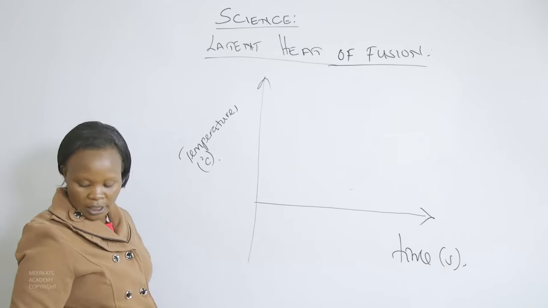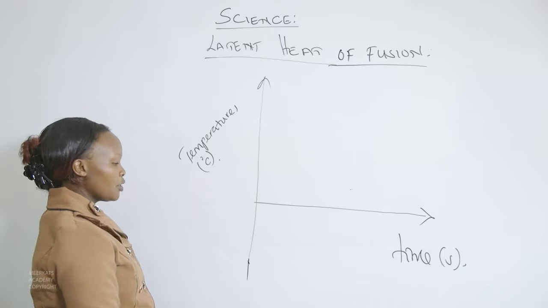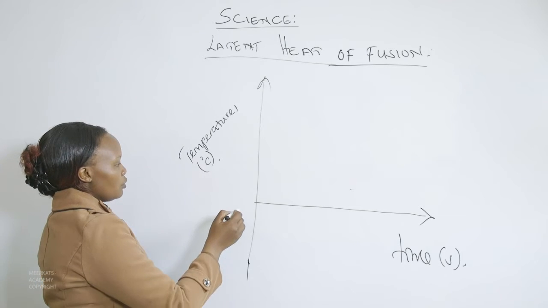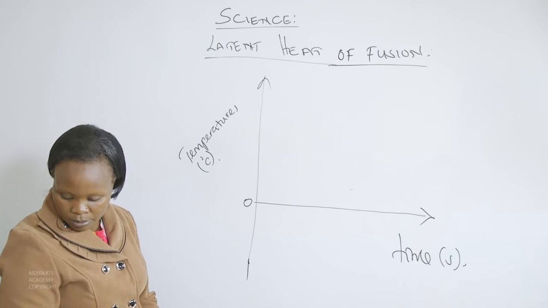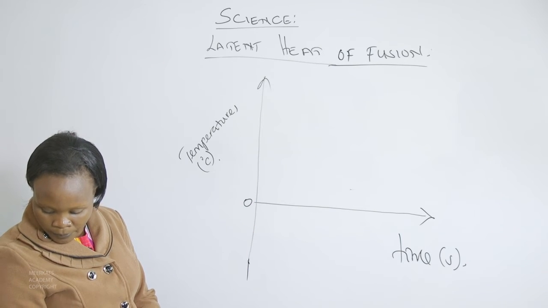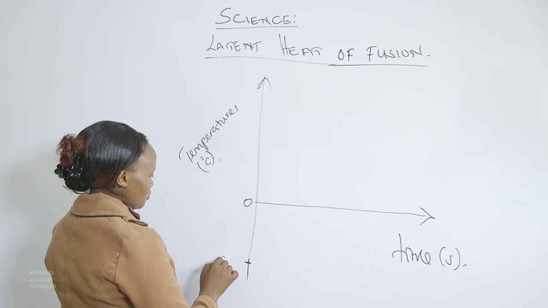or rather we want to heat a solid, for example ice, from some negative temperature through the melting point to some temperature above the melting point. Let us start from negative 10, for example.